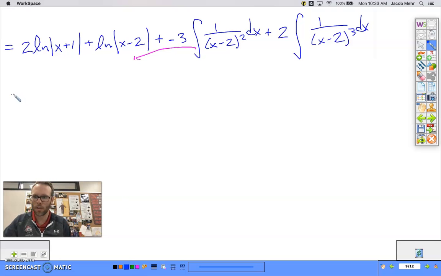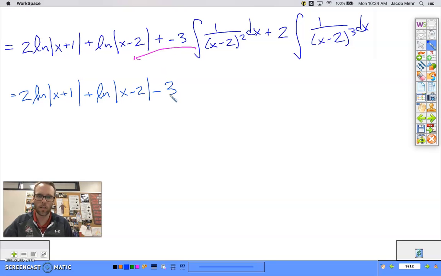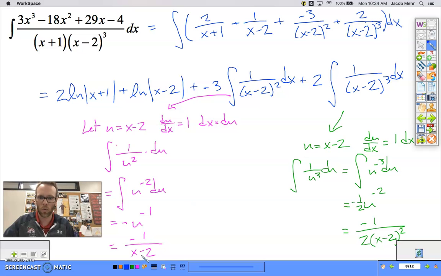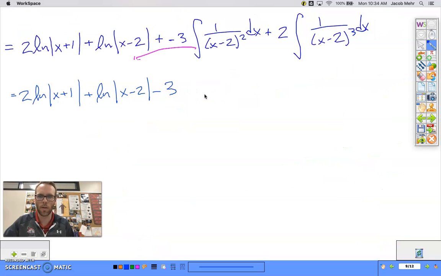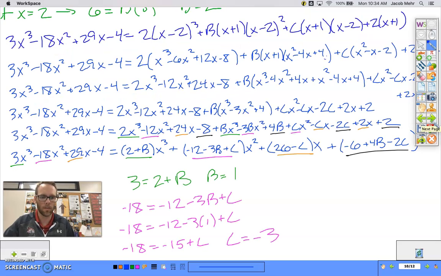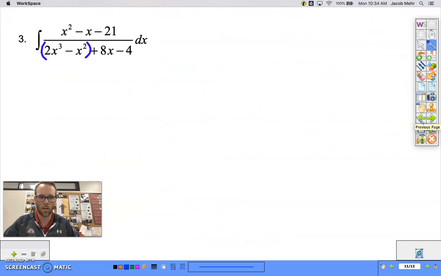This is equal to 2 natural log absolute value of x plus 1 plus natural log of the absolute value of x minus 2 minus 3, and then what was this integral again? That was negative 1 over x minus 2. So I'm actually going to write this as the negatives become positive, 3 over x minus 2 plus 2 times, what was that one?